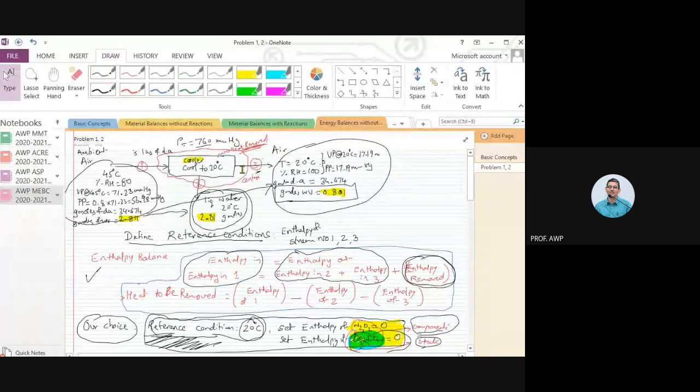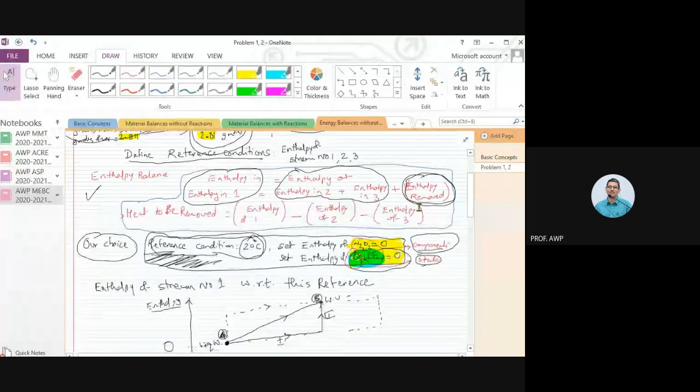Arya, does that answer your question? You had asked at what temperature, what is condensing, how much is condensing at what temperature? Yes, sir. We don't have to worry about that, because enthalpy is a state function. All I have to worry about is enthalpy of what comes in, enthalpy what goes out with respect to some reference.